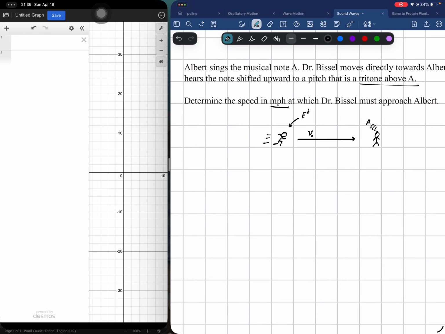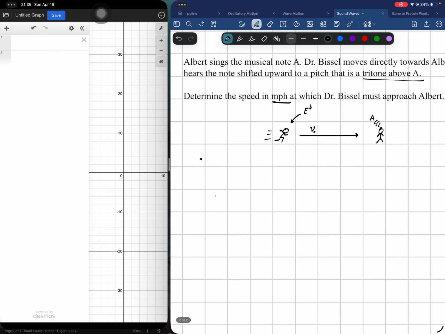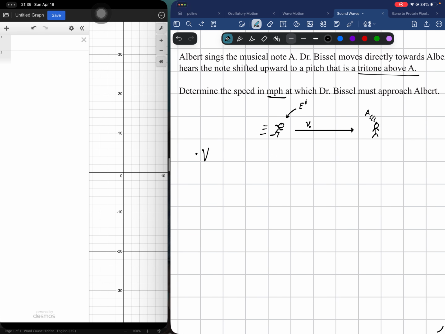So what do we got to know? We have to know the speed of sound. So let's go ahead and derive that. The speed of sound is going to be the square root of the bulk modulus of the medium divided by the density of the medium.